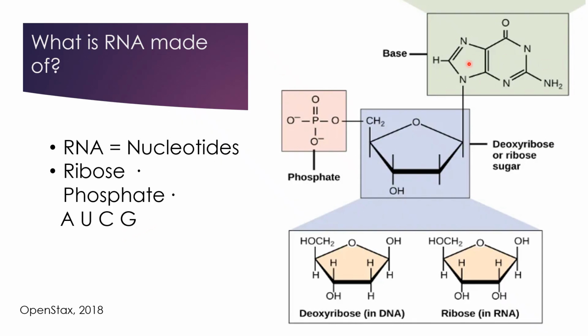One key difference between RNA and DNA is that RNA contains ribose instead of deoxyribose and uses uracil instead of thymine. This chemical composition allows RNA to remain single-stranded and flexible, which helps explain how RNA can fold into different shapes and perform different functions in the cell.